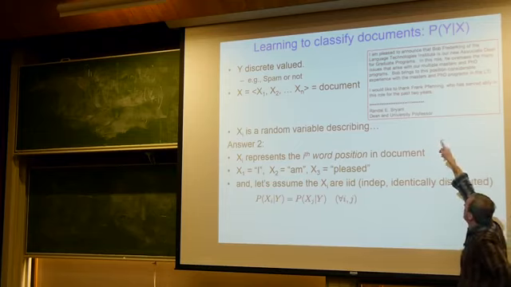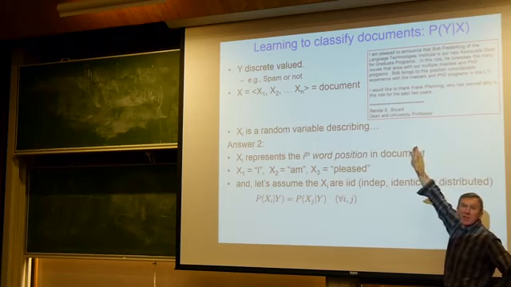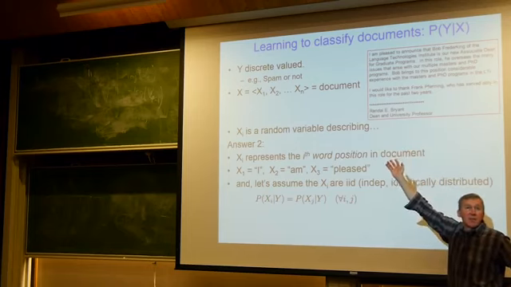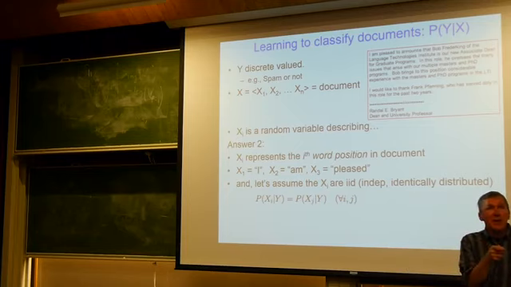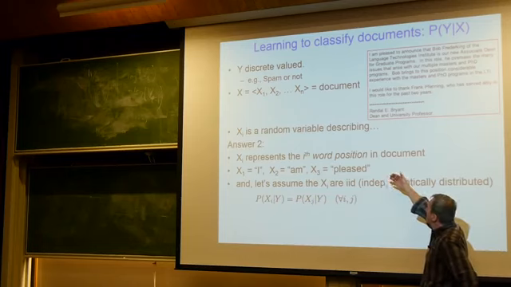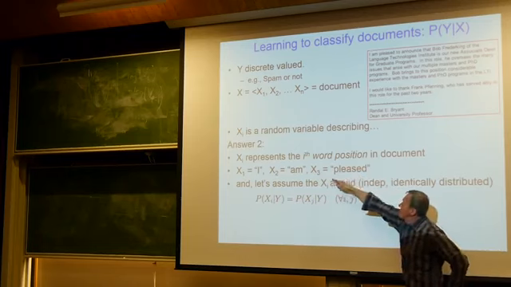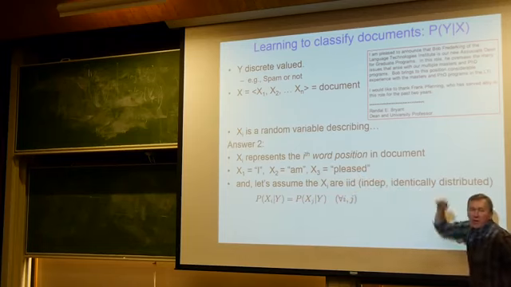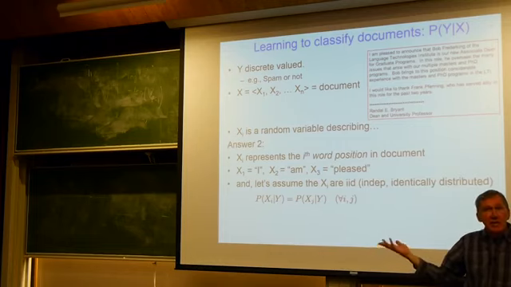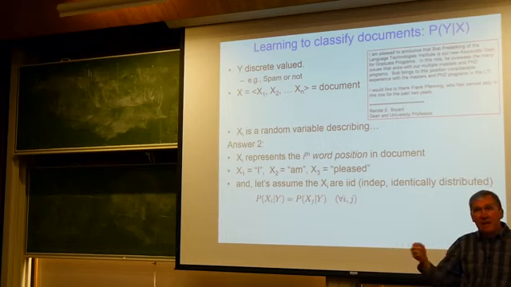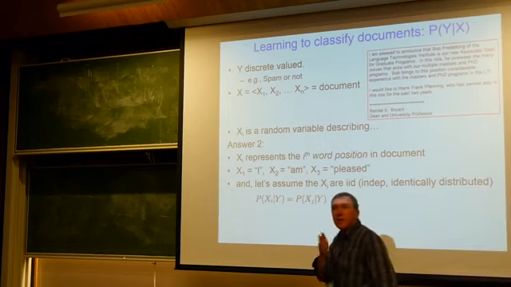So the probability of any given word in any position is independent of the words in the other positions, and they're identically distributed. We're flipping the same coin. In this case, the probability that pleased occurs in position 3 will be no different from the probability that pleased occurs in position 14. It's like the outcome of the flip is the same no matter whether it's the 3rd flip or the 14th flip.